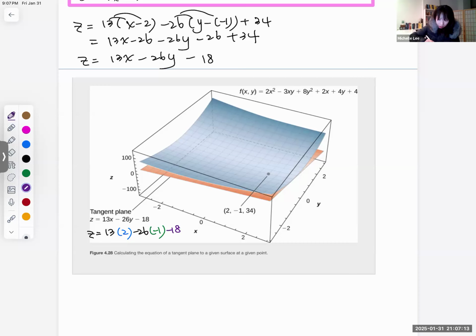Minus 18. So equal to 34. Yeah, that's what we get. This is x naught, y naught, z naught. Because they're using x naught, y naught, so I am using z naught. All right. Okay, let's do another problem here.